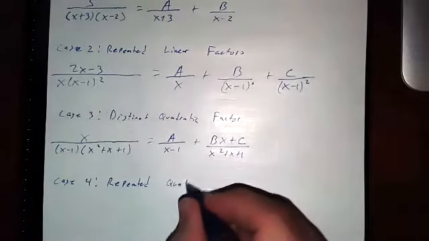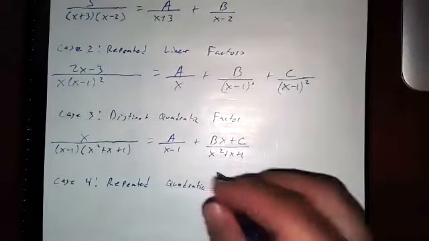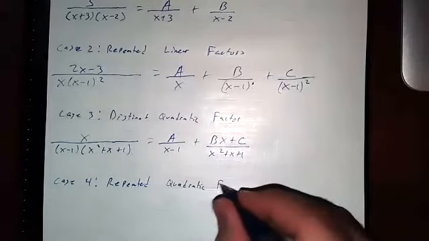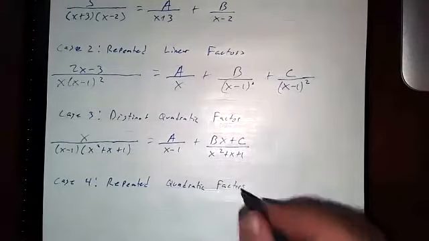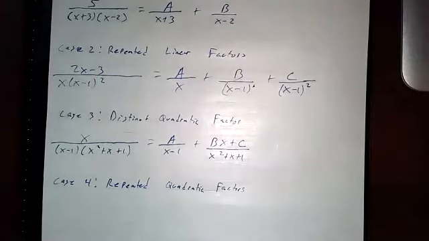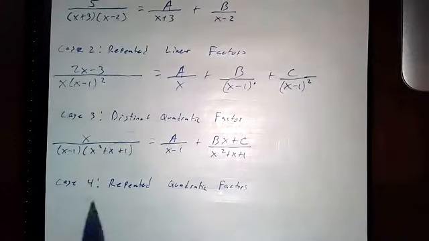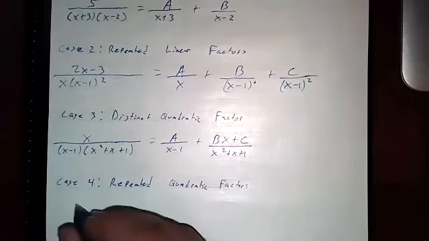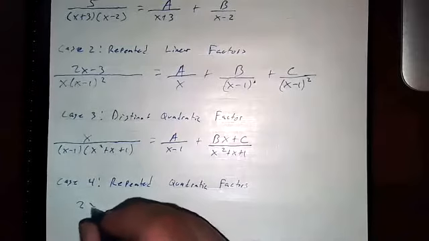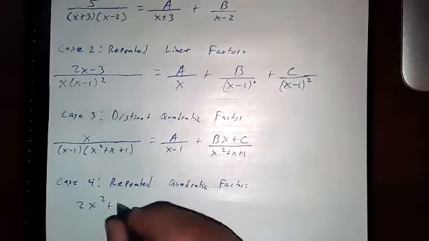Case 4, repeated quadratic factors. So let's say you have something that doesn't factor, but it is repeated twice or 3 times, whatever. Let's make it 3 just for fun.